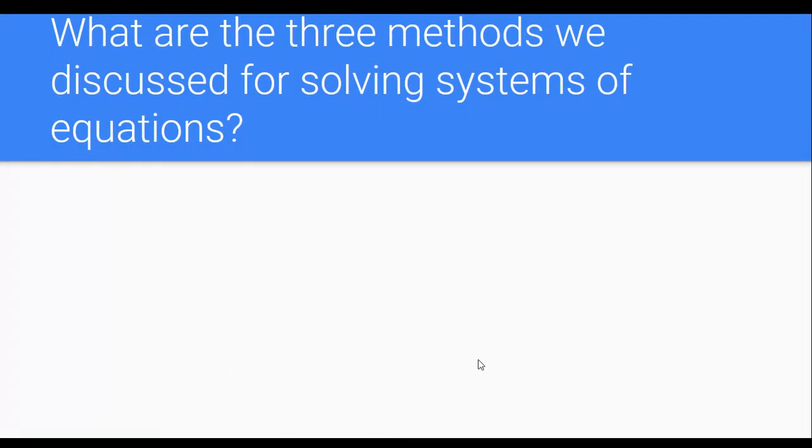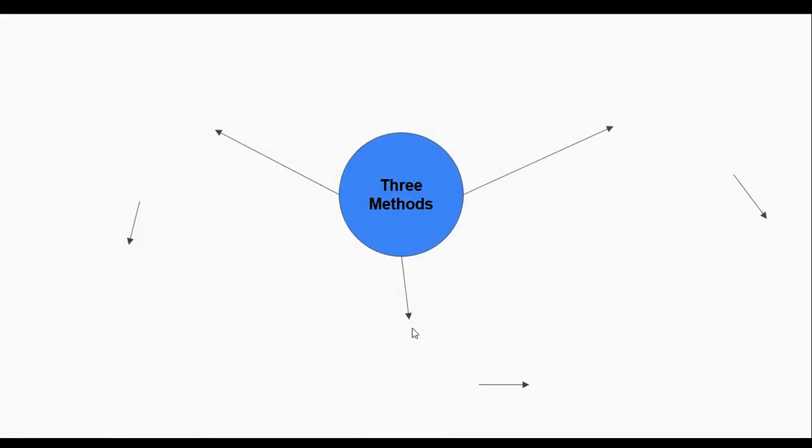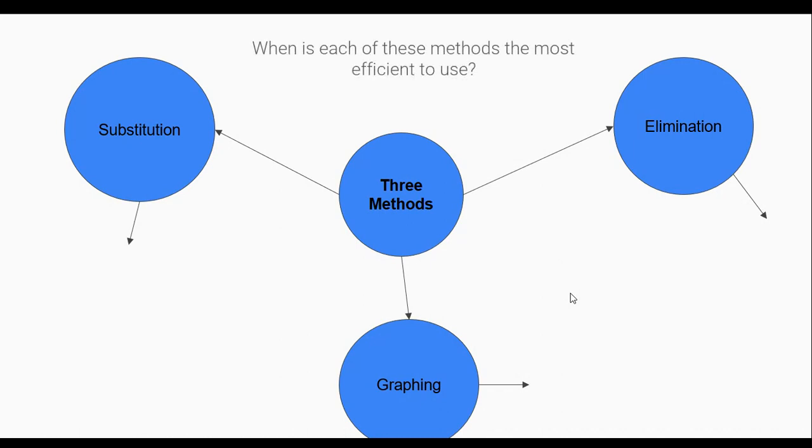Do you remember the three methods we discussed for solving systems of equations? Those three methods included graphing, substitution, and elimination. We discussed them individually, and then we looked at them together cohesively to try and figure out when each of the methods is the most efficient to use.